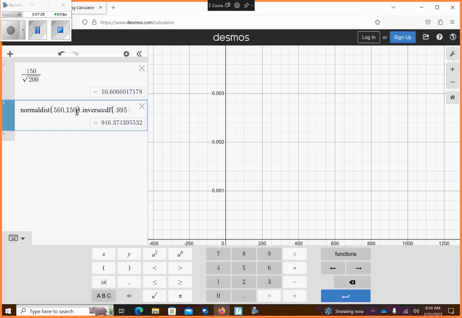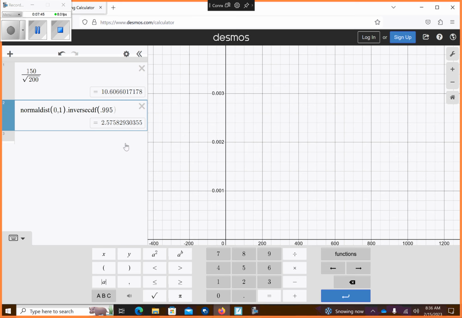I don't think this is going to work that way. I think I have to do the 0 and 1. That's more like it. I thought I could use their mean and their standard deviation. Didn't work. Obviously the 0 comma 1 will work.